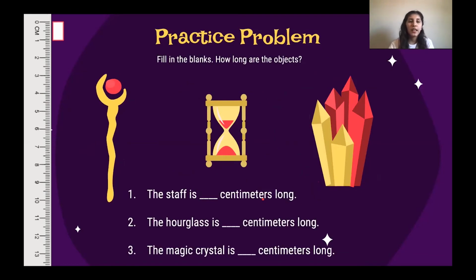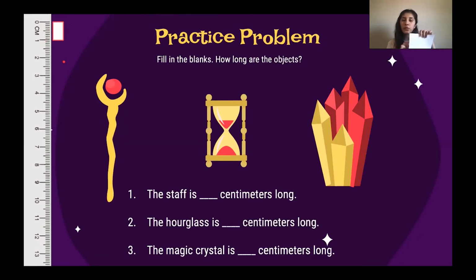Okay, now it says, fill in the blanks. How long are the objects? So if you want, you can always go ahead and get a piece of paper. And with the paper, you can put your paper next to the screen, and you can copy the little centimeter.